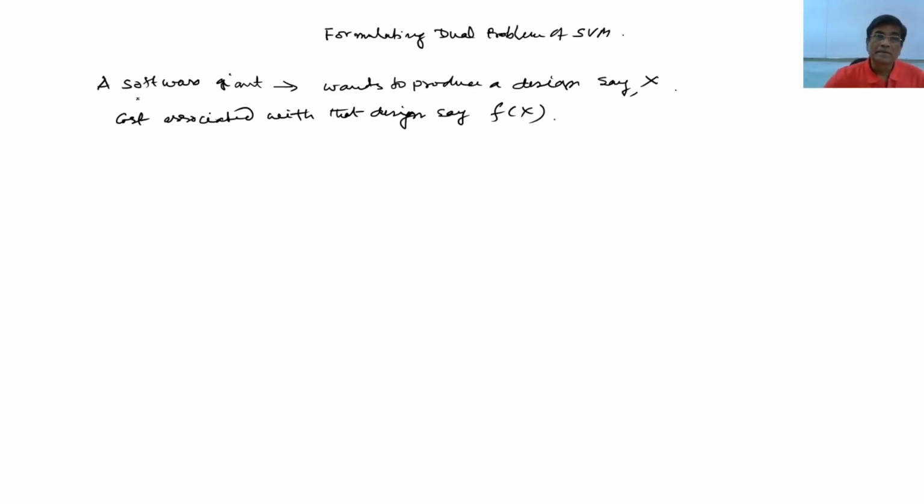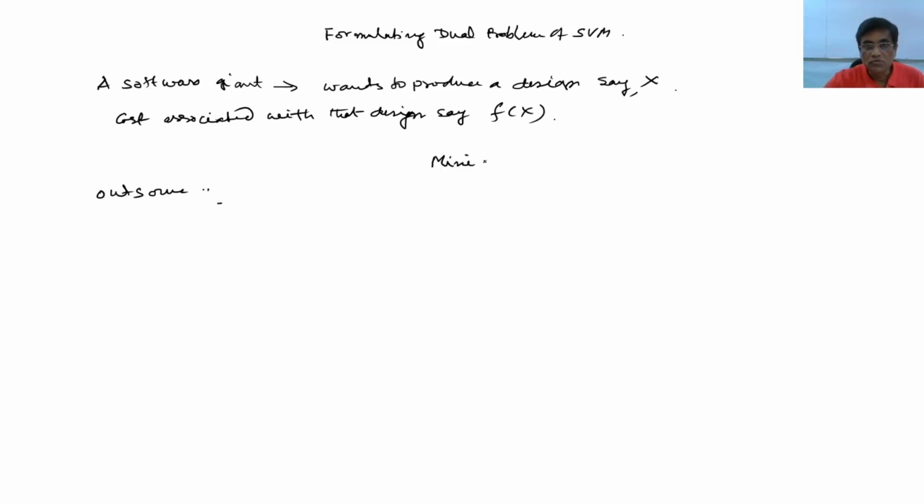Now, normally in those big companies, the production cost or process is such that the production cost is high. So what they do, they outsource the design to another company, which is doing some analysis. So what is the objective?